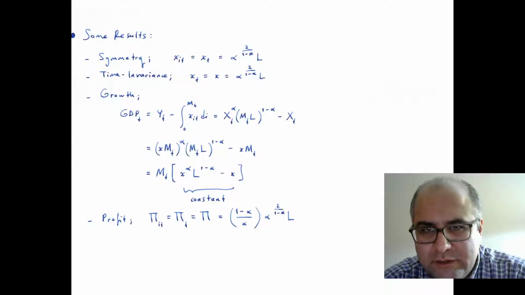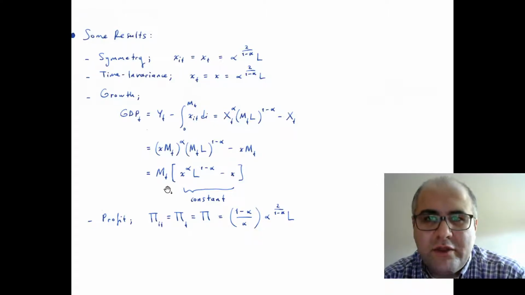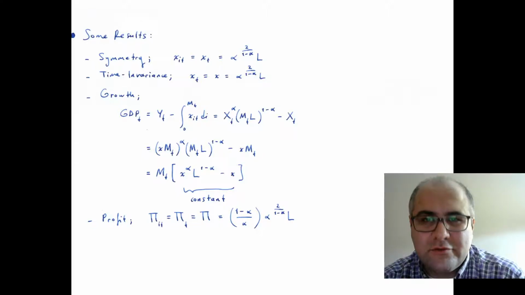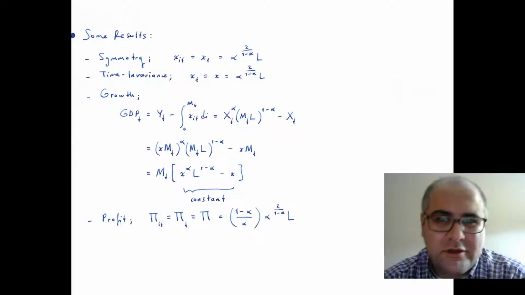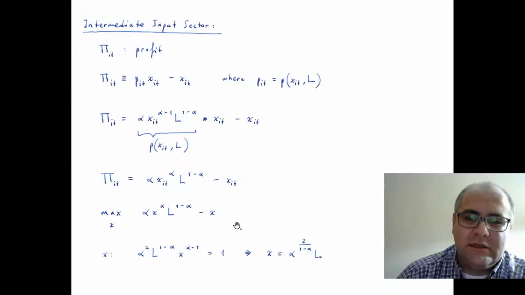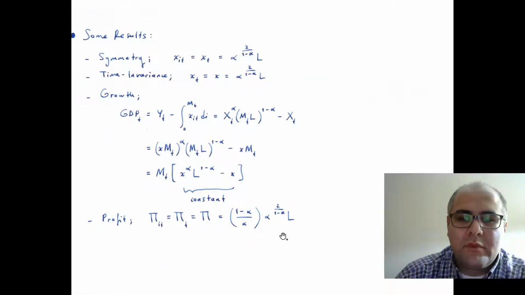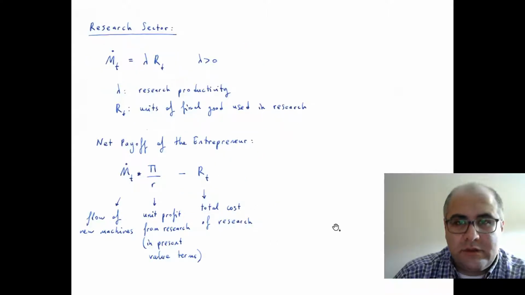Why? Because the research sector will look at the intermediate input sector to understand whether it is optimal or not to do research. Okay, so then we write the profit in this way. Basically, if you put x here and put it back here, right, to find the value function of the monopoly, you end up with this. All right. So good. Now we can talk about the research sector.